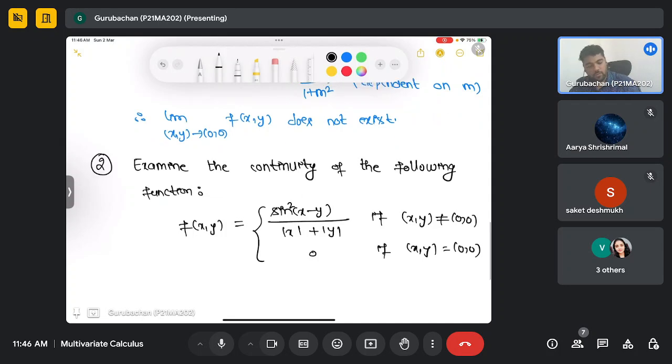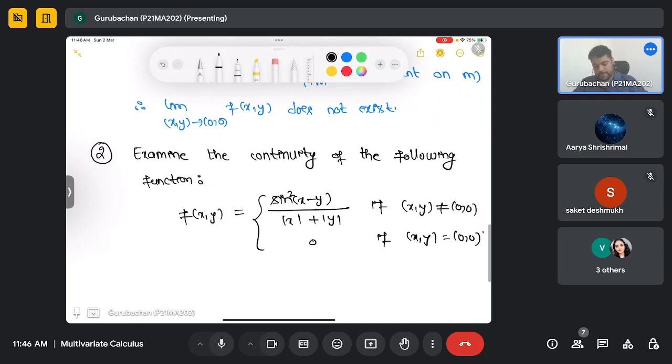So we have to check the continuity of this function of two variables, and the function is given in two parts. One is the case when (x, y) is non-zero, and when (x, y) is (0, 0), then our function is 0.